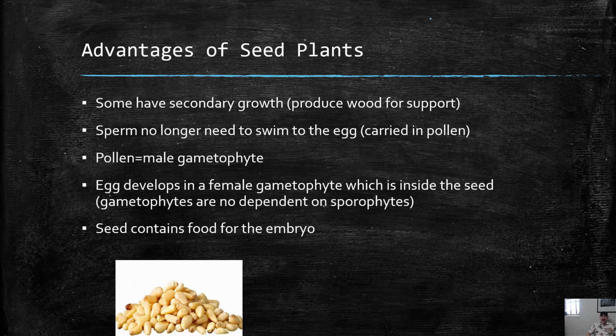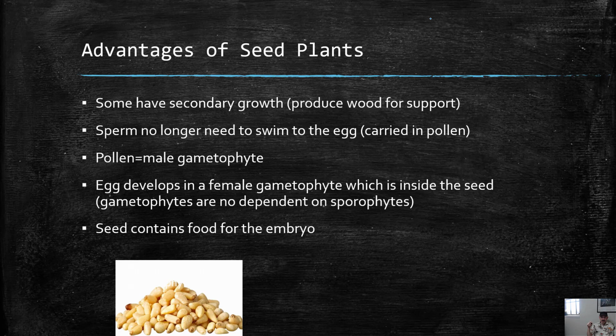But seed plants have secondary growth, meaning they produce wood. They can get tall and big and dominate the landscape, and they can get their seeds and pollen out long distances because of that. They no longer need water to get sperm to the egg, so they can get away from standing water.